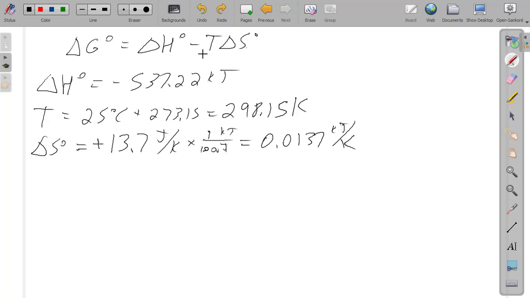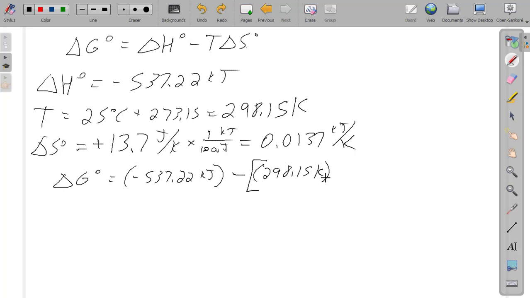Okay, and now see again, it didn't even matter that it was hydrogen and fluorine or any of that other stuff because this is just a mathematical problem. All right, so delta G0 equals minus 537.22 kilojoules minus, open bracket now because we've got two terms to do here, 298.15 Kelvin times 0.0137 kilojoules per Kelvin. And those Kelvins cancel, leaving me with just kilojoules. And so now we can do this operation.